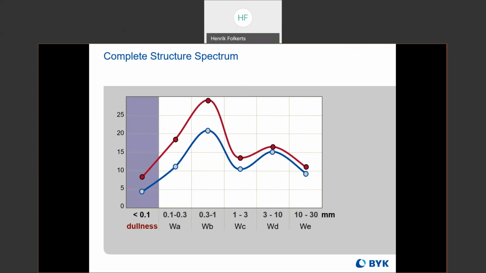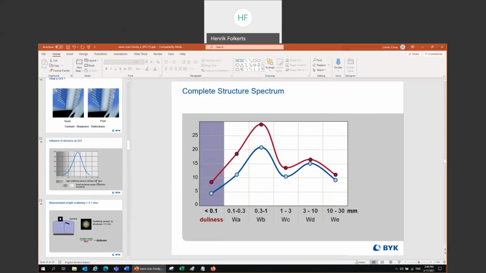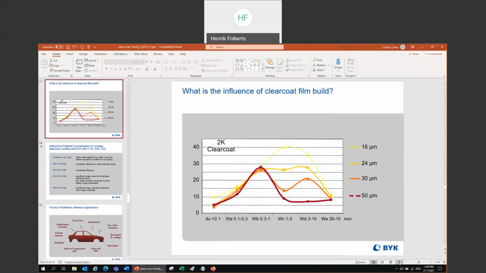Okay, so thank you. In the other example that Corey had, where we had the film build example of the clear coat, you really want to balance that, because in that particular example, the highest film build for clear coat, although it flattens out your long wave completely, it's kind of a bang for your buck type of scenario.